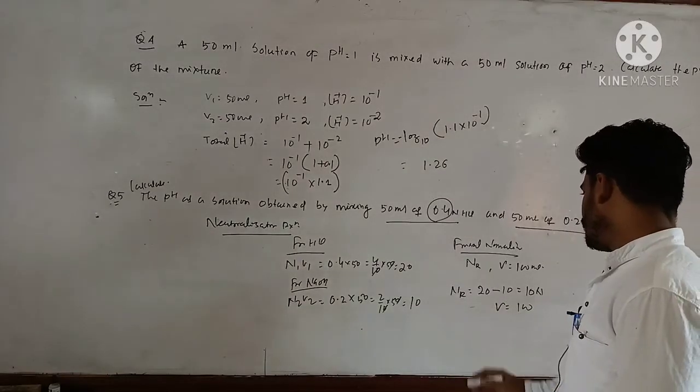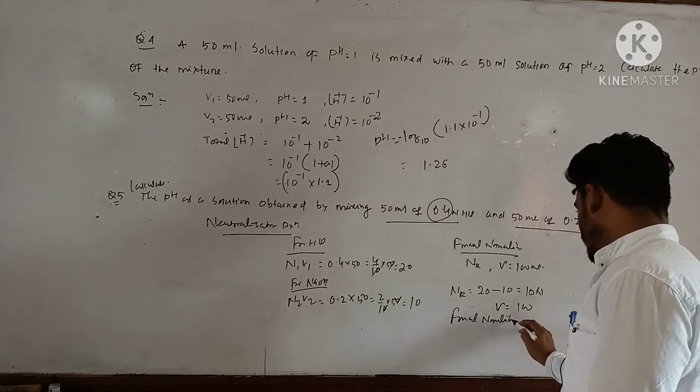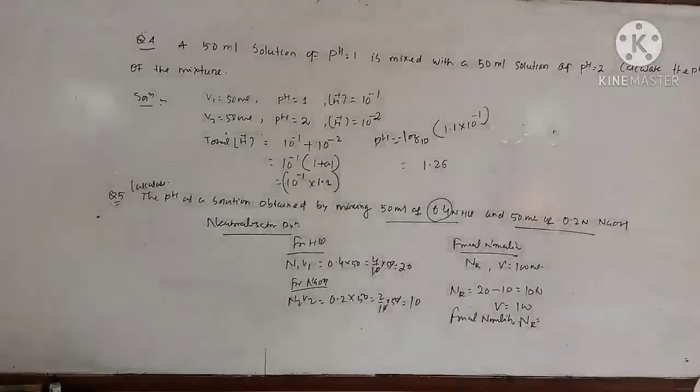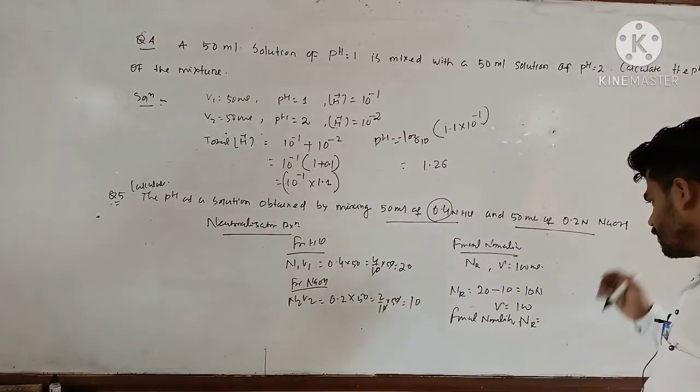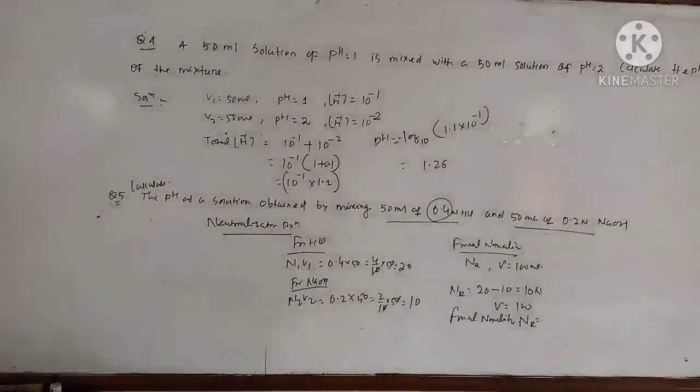So final normality Nr can be calculated as 10 upon 100.